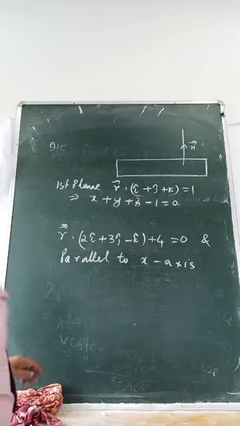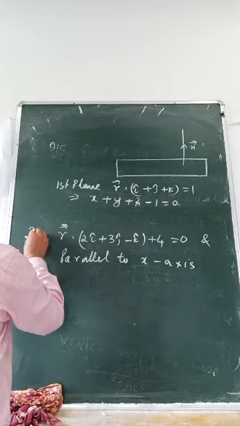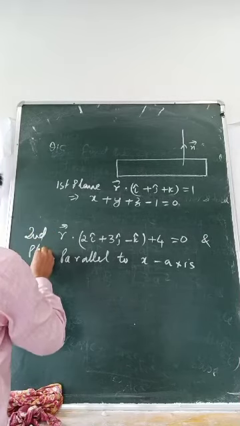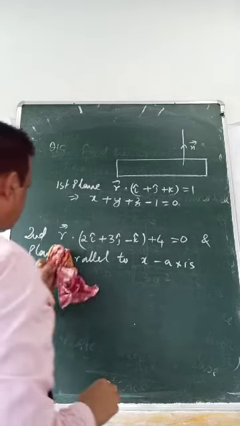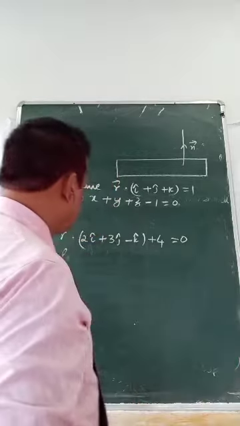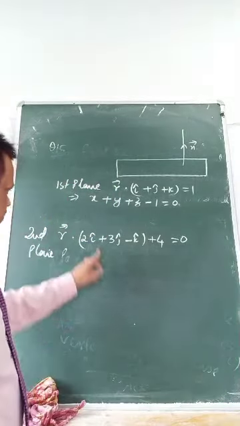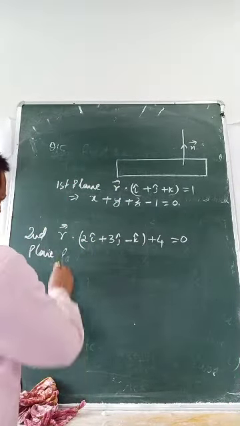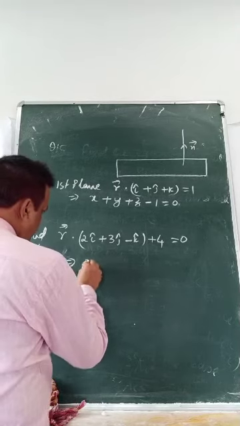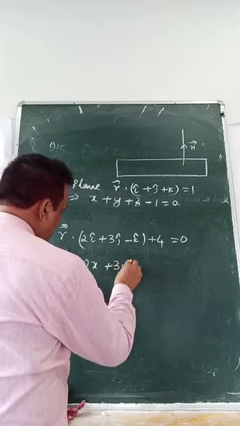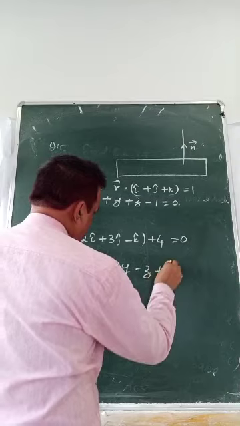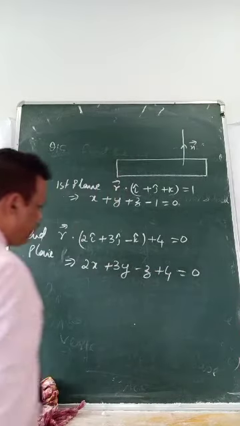Okay. Second plane is this one. Replace i, j, k by x, y, z. 2x plus 3y minus z plus 4 equals 0.